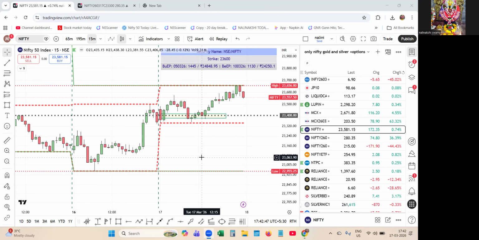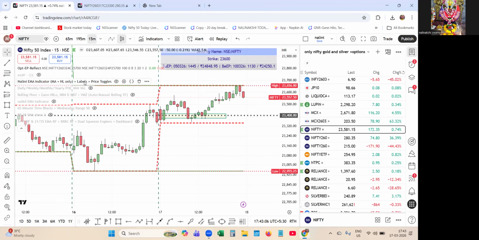So when I look at the market, the first thing I focus on is very simple, the first 1 hour high and low. For that, I stay on the 15-minute chart and I enable my Nalini EMA indicator.